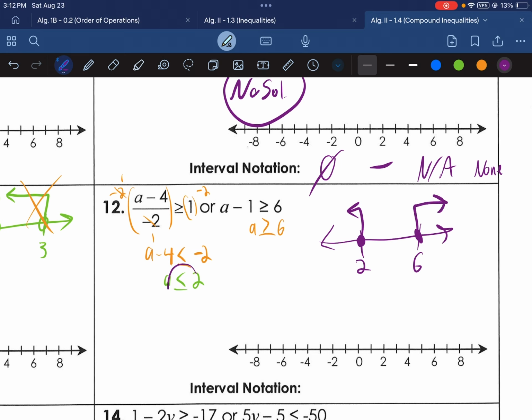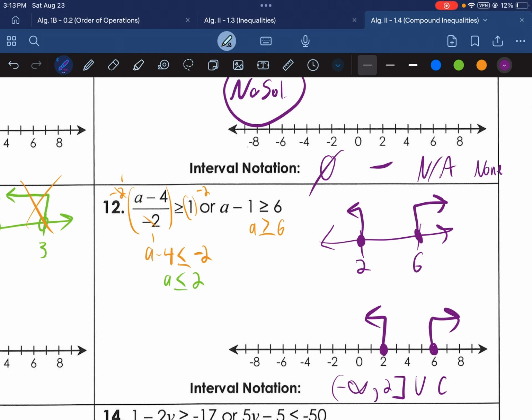So anytime it's less than the smaller and greater than the bigger for OR, that's normal. The opposite would be true for "and" ones to be normal. So I'm going to go ahead and make the closed circle at 2 on my actual graph and make my interval notation, so it's -infinity, comma 2 bracket, union, 6.